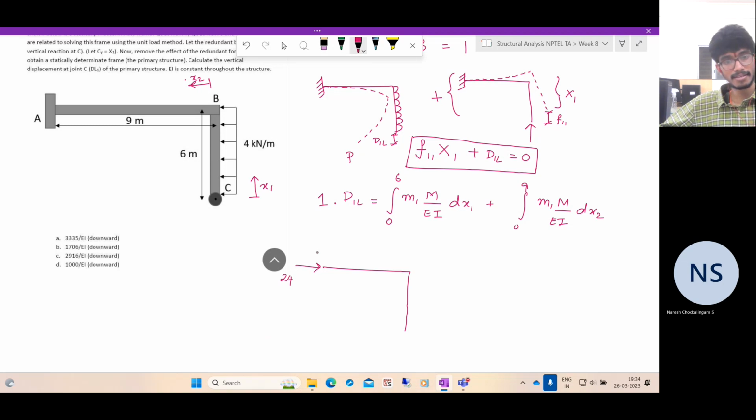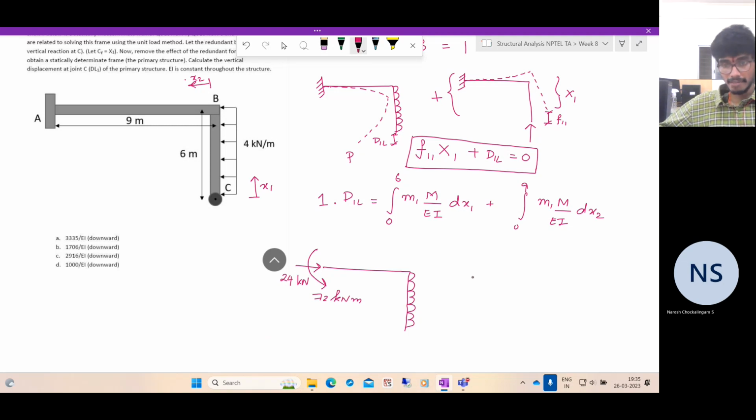And what will be the moment? The total force is 24 acting through the midpoint. So the moment will be 24 times 3, which is 72. The applied moment is clockwise, so the resisting moment will be counterclockwise. There's no vertical force.